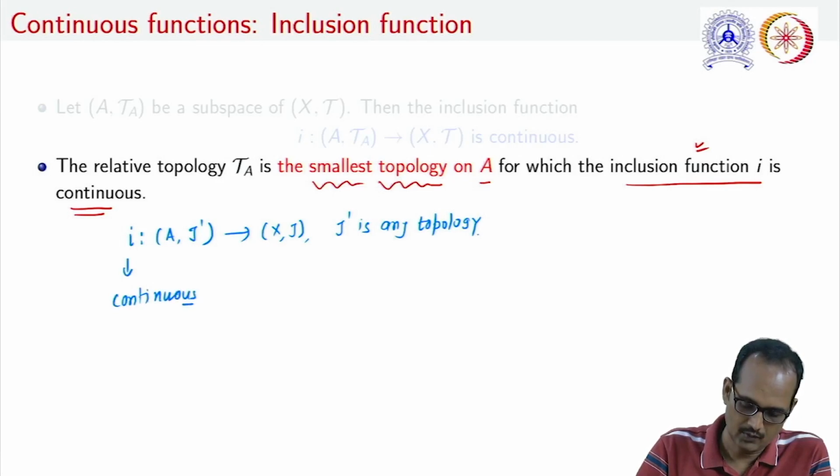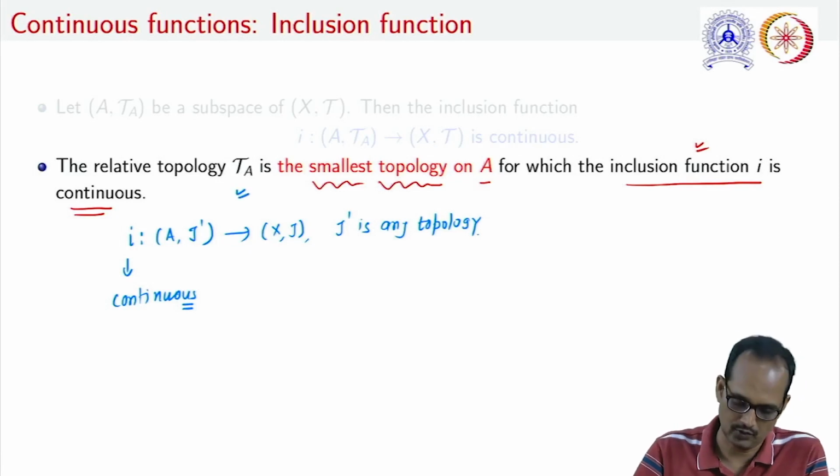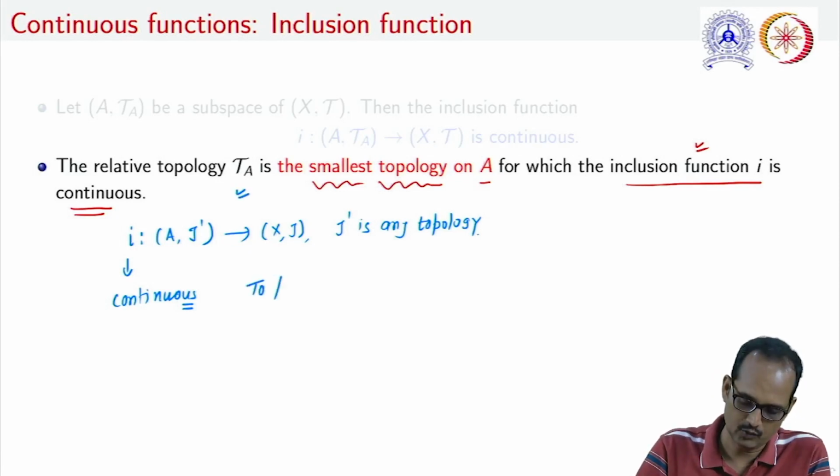Now, if we want to justify that this relative topology is the smallest topology, what exactly we have to justify? We have to prove that this tau A is always coarser than tau dash.